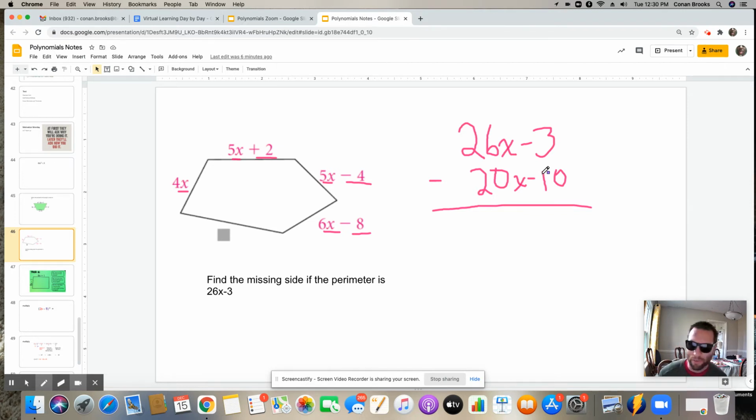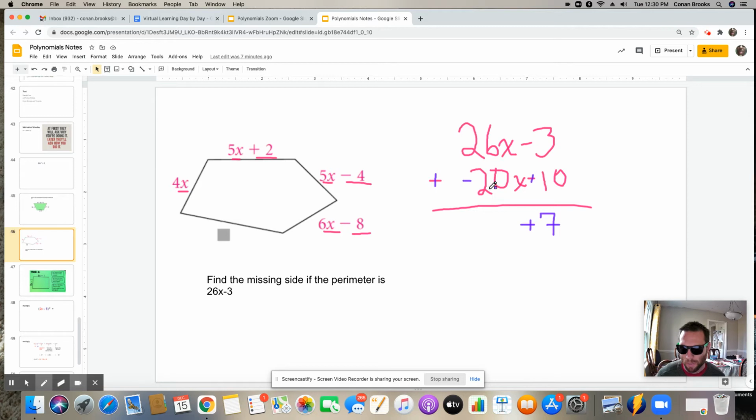So if you remember, I really encourage you to change it to plus and then change the signs on the second one. And that way you're just adding, and it's one less possibility of making a mistake. So let's look at it like this. I've got negative 3 plus 10 is 7.